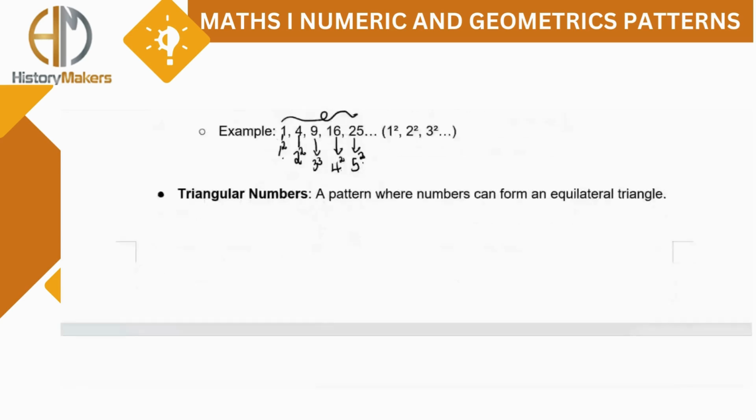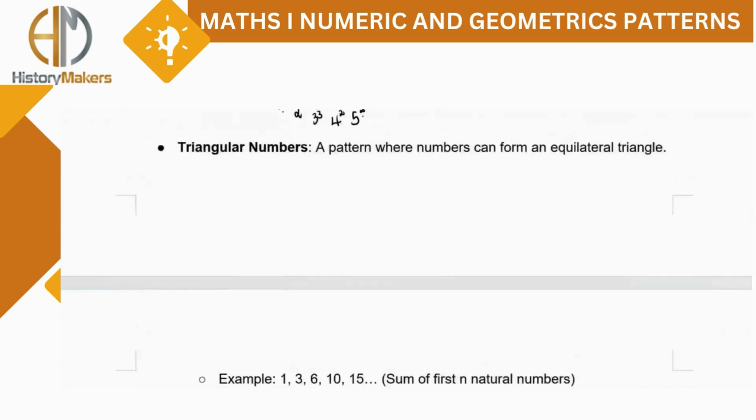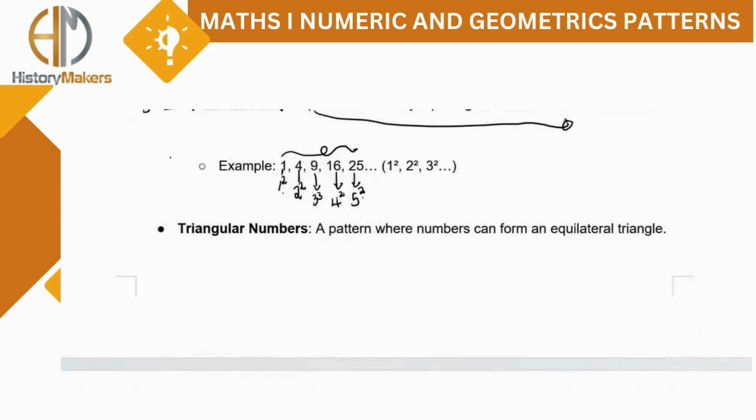The fourth one is a triangular pattern. This is a pattern where numbers can form an equilateral triangle. An equilateral triangle is a triangle where all the sides are equal.